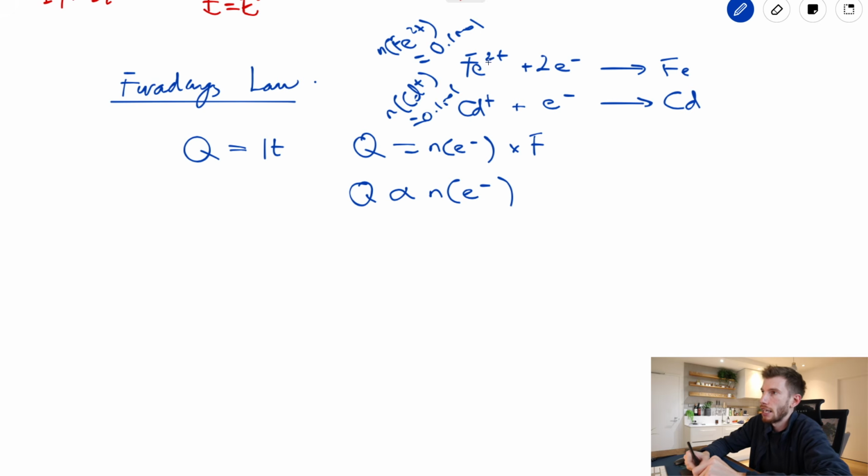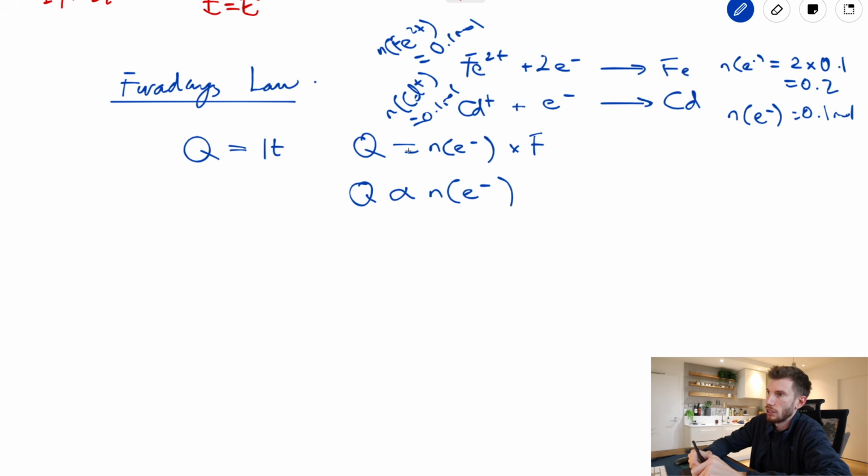Even though they have the same number of moles of metal, they have different numbers of moles of electrons. We can see that the number of moles of electrons for this one is going to be 2 for every one, so it's going to be twice as much. And over here, it's a 1-to-1 ratio, so it's going to be exactly the same, 0.1 moles, like that.